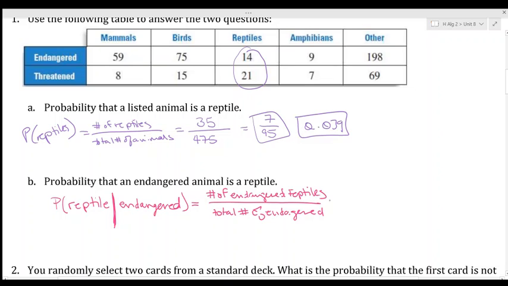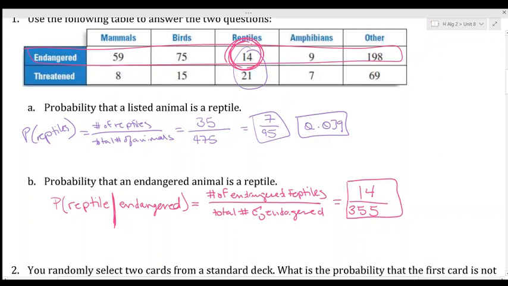Again, I'm not going to make you count this out, but the total number of endangered animals, we'd add this first row together, and this would give us 355. And then the total number of endangered reptiles is specifically just 14. This would be the fraction, it doesn't reduce, or if you're a decimal person, it would be 0.039. And please note that I changed the decimal up here. It's supposed to be 0.074. I do not know how to read my calculator.